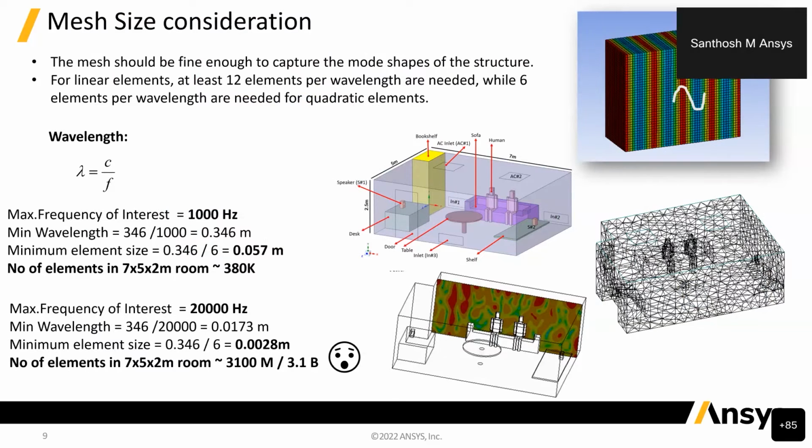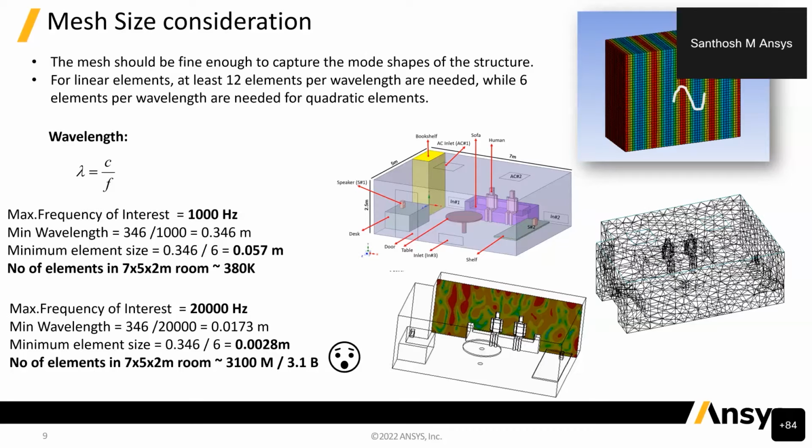If we are interested in analyzing up to 1000 kilohertz in air, we can calculate the wavelength as 0.3 meter. And if you are using 6 elements per wavelength, then the element size becomes something like 0.05 meter. So if you start splitting this room by 0.05, we will get around 380,000 elements.